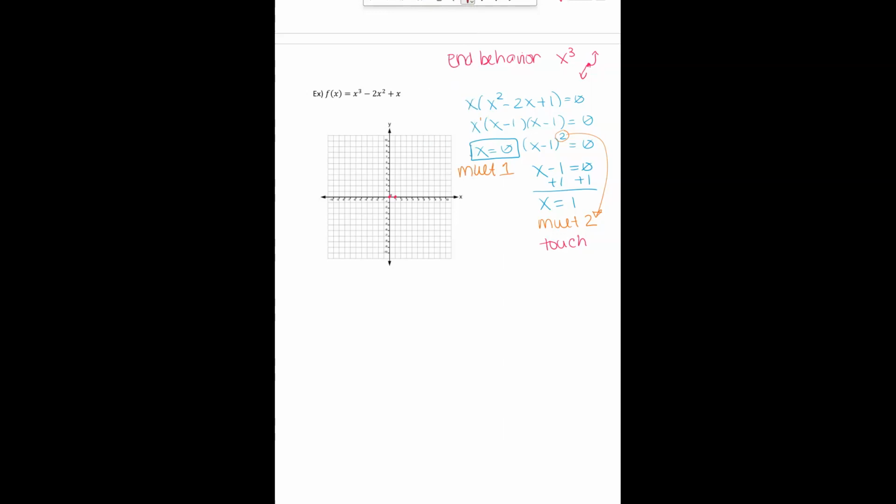Multiplicity of 1, it means that it crosses. Alright, here goes. It's going to start down here, right? Because it's the same thing. It's going to cross here, touch, and go back up. Okay? I think we're done. Yeah, we are. Okay, have the very best day.